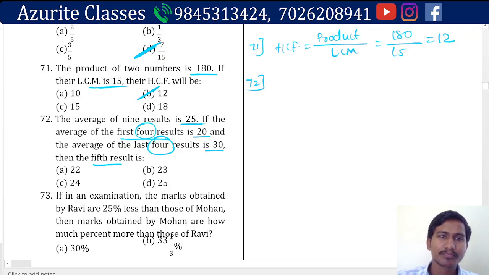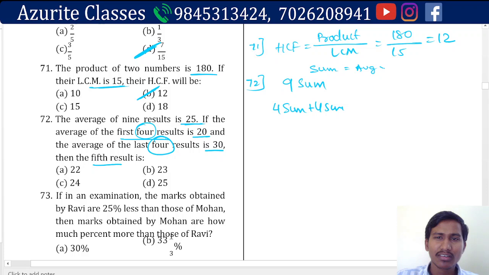So from the sum of 9 results we can subtract the sum of the 4 and the sum of the 4, that is, 8 results. Sum is equal to average into total numbers. So the sum of 9 results will be 25 into 9, or 9 into 25.